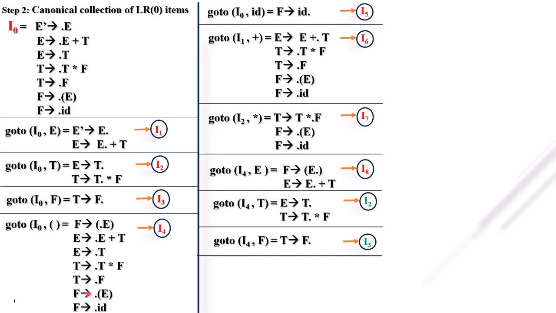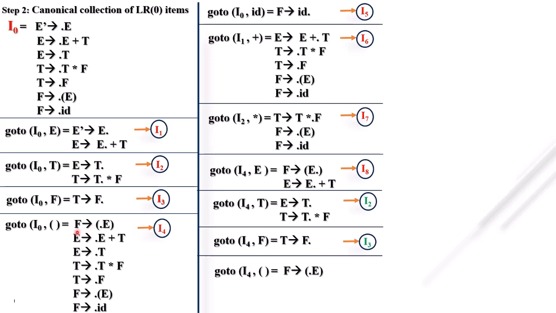Next, I4 of opening bracket. Okay, so F tends to opening bracket dot E. After shifting the dot, there is a non-terminal on the right hand side. So we have to write all the productions of E, then T, then F. But you have to see whether this F tends to opening bracket dot E is there anywhere.